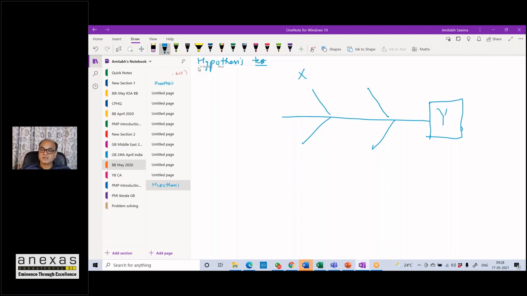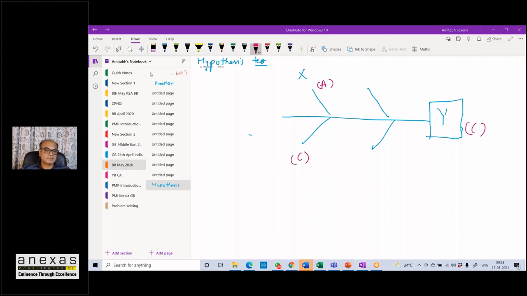So in this case, let's say, if I'm looking at the y and the x factors, let's assume in one case y is continuous, and in that case the possibilities for x factors would be either it is attribute or it is continuous.